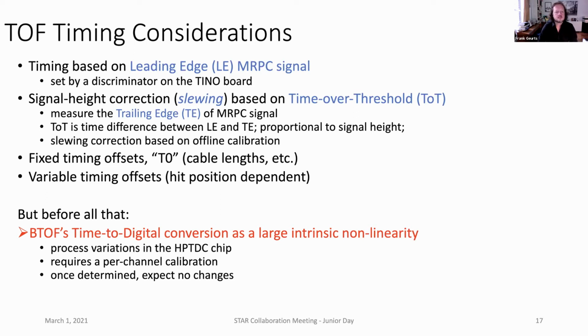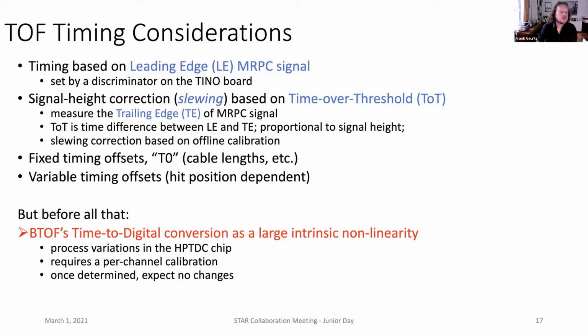So what was done instead is that you shape the signal that comes out of the MRPCs, such that you can actually do a measurement of a leading edge and the trailing edge. And you use the time between the leading edge and the trailing edge as an indication of the size of the signal.